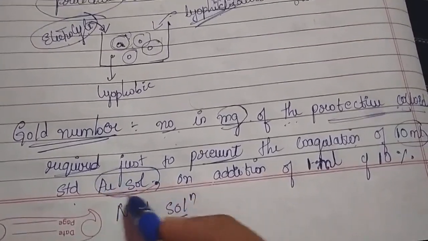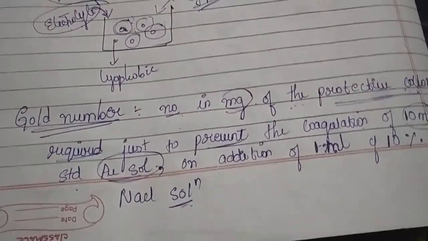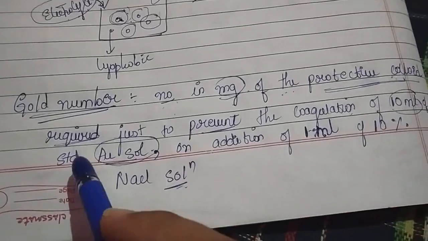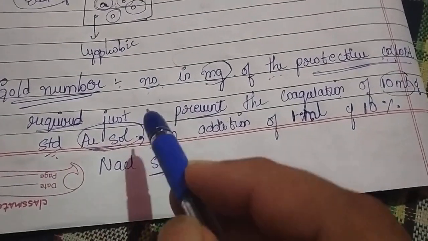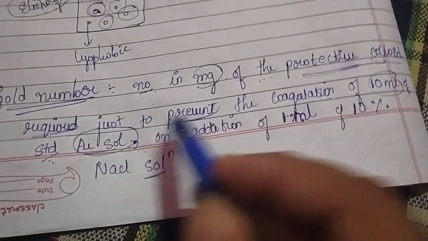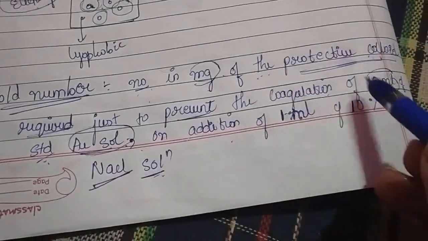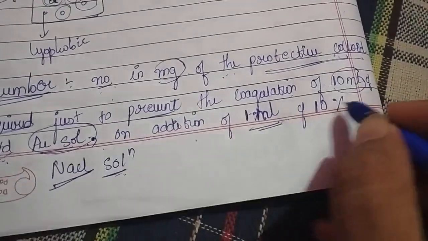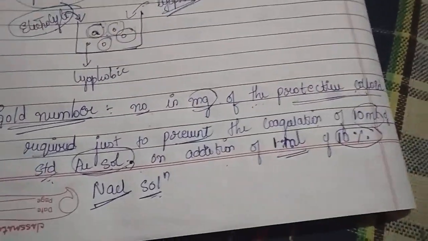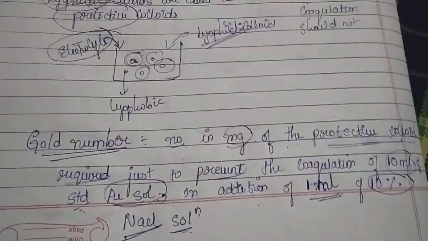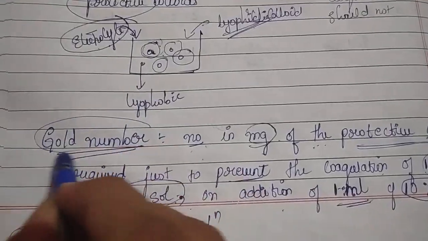This is our lyophobic colloid. What must we prevent when you are adding an electrolyte? The electrolyte is NaCl, and you are adding 1 ml of 10% NaCl solution. So this is called your gold number.